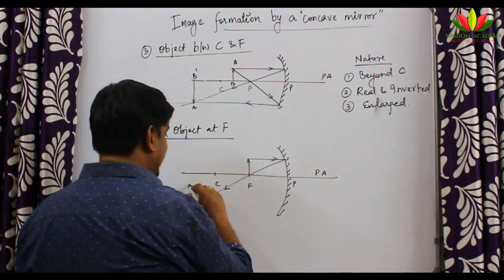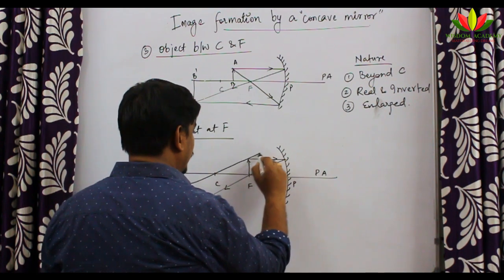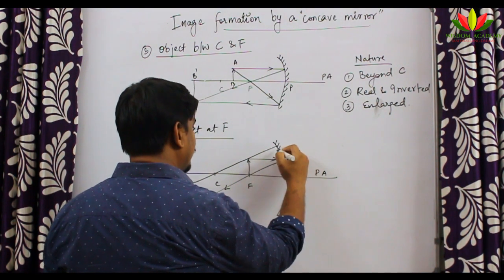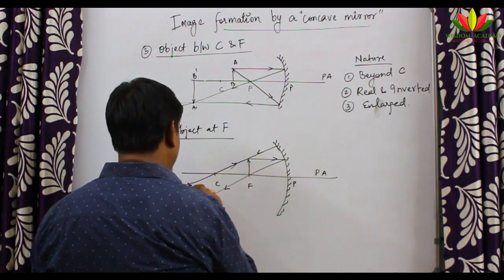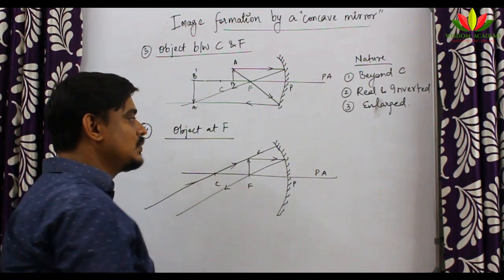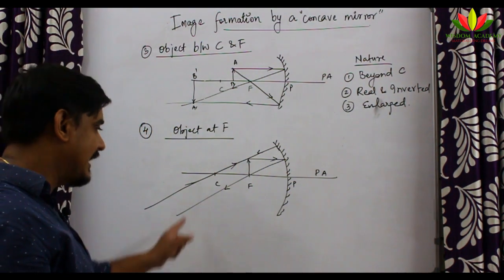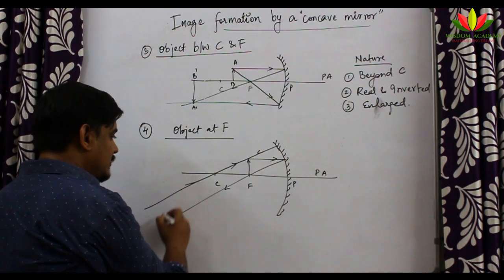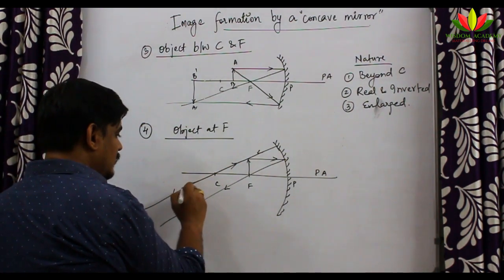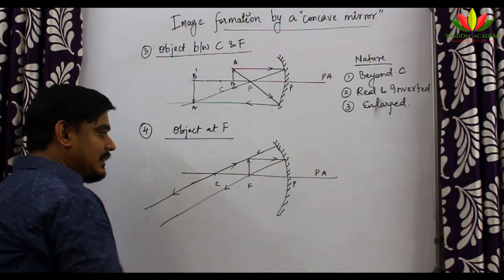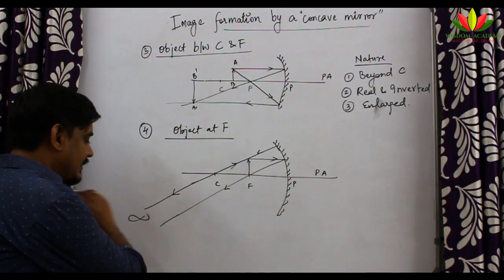So if any ray is coming like this and passing through the center of curvature, it will reflect back in the same path. If you see these two rays, will they ever meet? They will never meet. So they came like this and go to infinity.